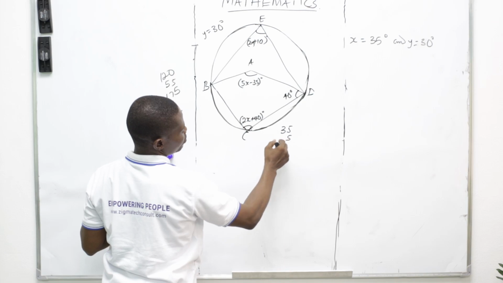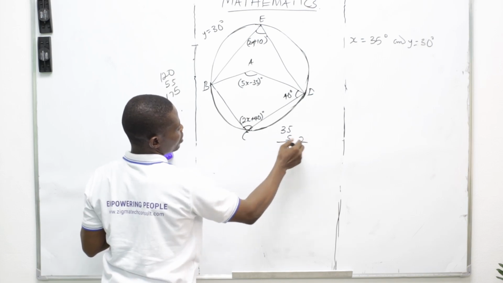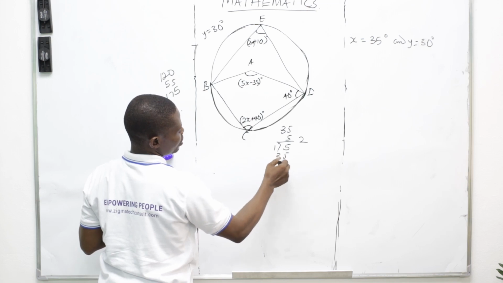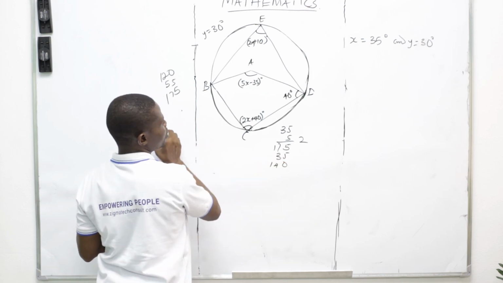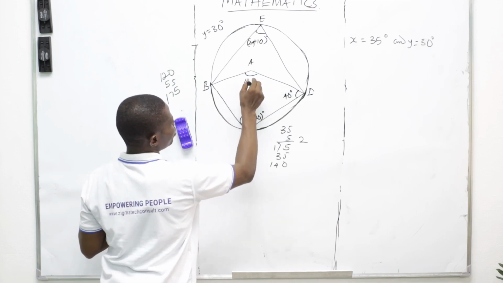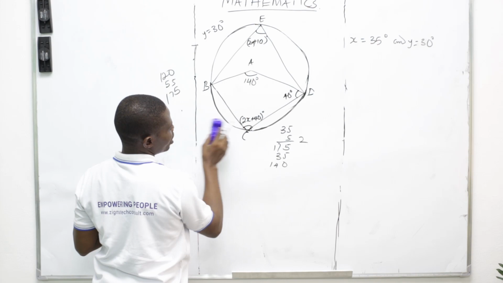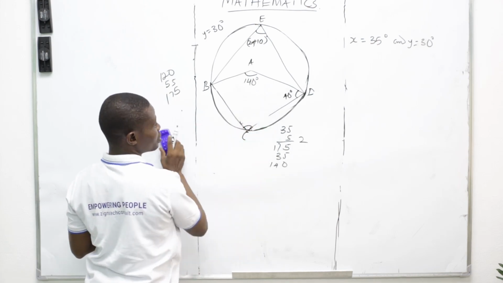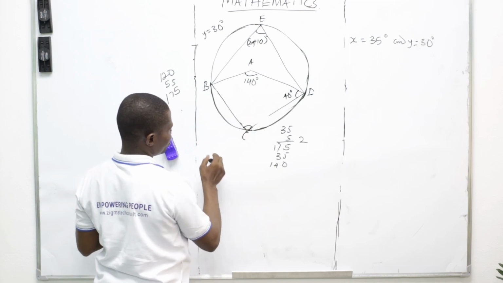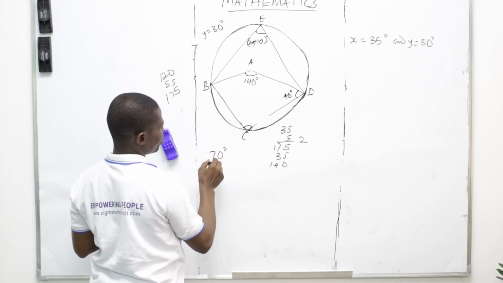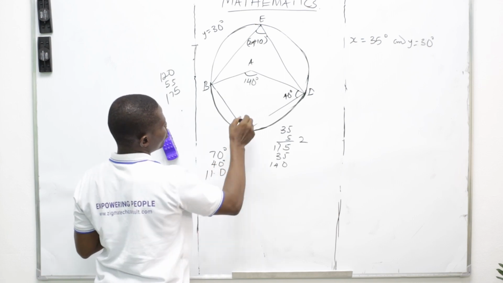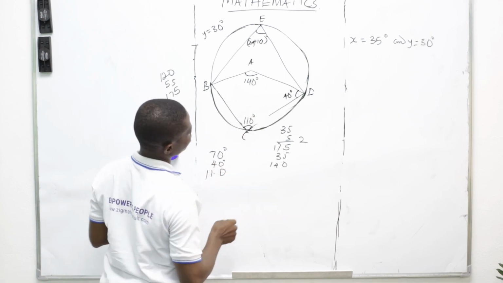35 times 5, this is 25, carry 2, 15. 175 minus 35, 0, 4. Meaning here is what? 140 degrees. Then x is still 35, that's 70 plus 40. 70 degrees plus 40 degrees, 110 degrees.